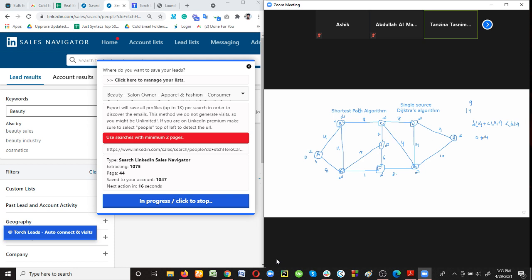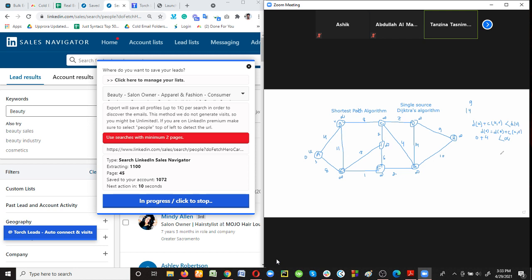So 0 plus 4, is it less than infinite or greater than infinite? 0 plus 4, that is 4, is less than infinite, isn't it? So if this condition is true, if D of U plus C of U and V is less than D of V, then we can change the distance of V. Then the distance of V will be D of U plus C of U and V. This is the rule of Dijkstra's algorithm.